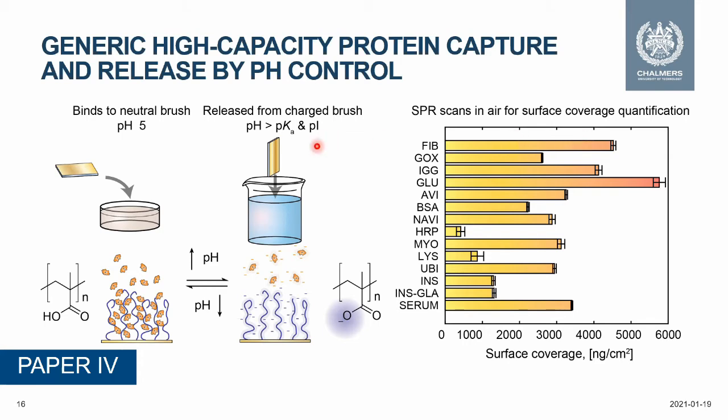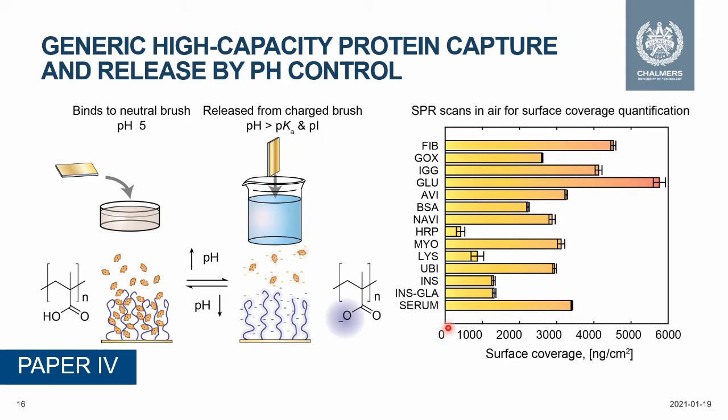And third, the pH was raised to a value that exceeds both the pKa and the isoelectric point, the pI, of the protein, which breaks the hydrogen bonds and induces a net electrostatic repulsion between the protein and the brush, completely regenerating the brush. Then this surface can be reused to perform another experiment and another, and you can carry on like this.